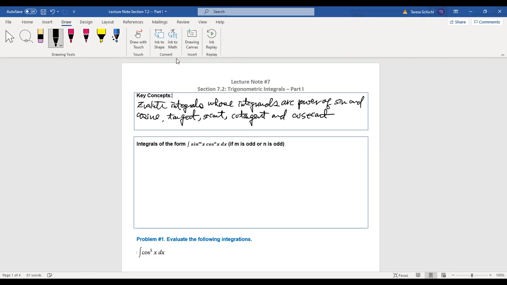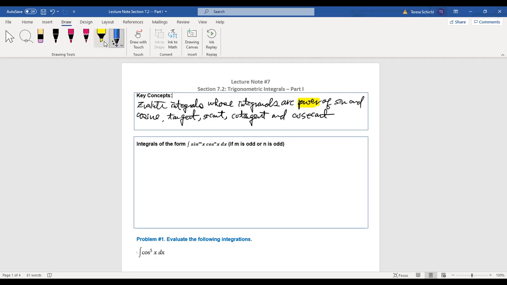We're going to talk about the different ways to deal with integration involving some type of powers, right? So the sine squared or cosine cubed, those things.